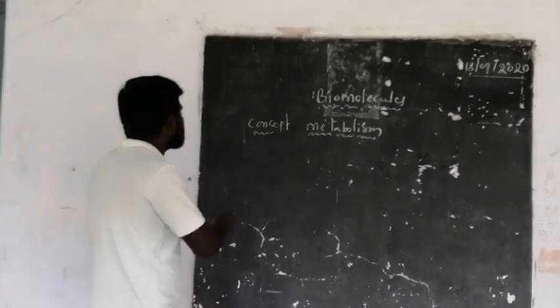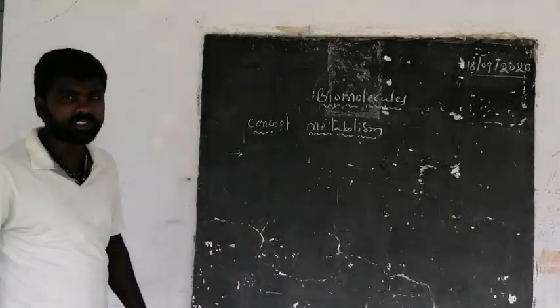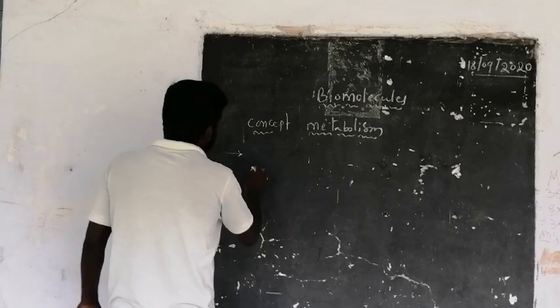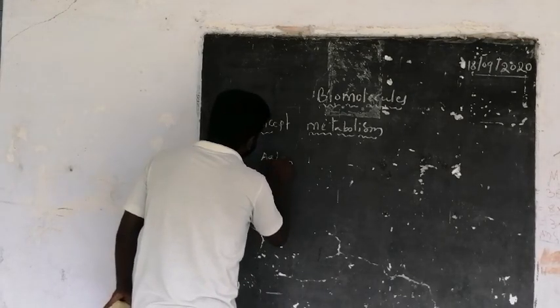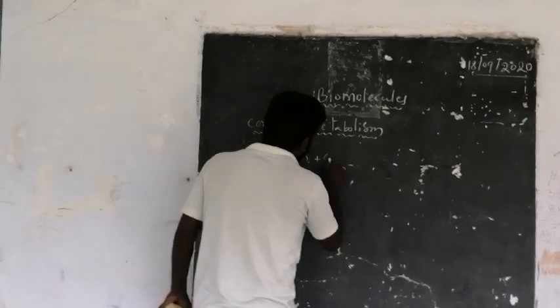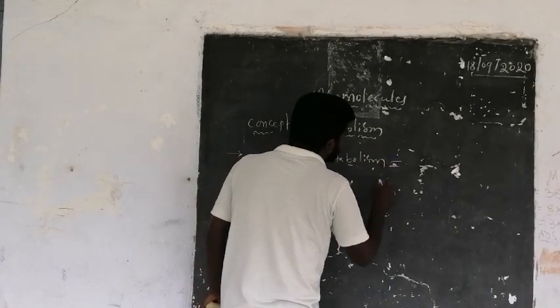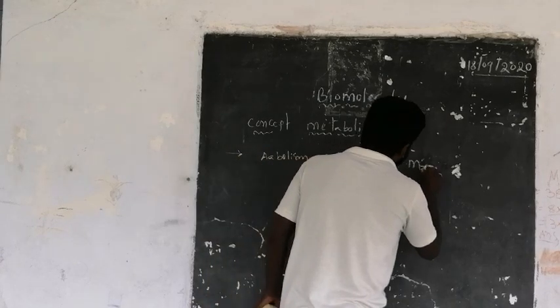Here, metabolism is a combination of anabolism and catabolism. Anabolism and catabolism together are called metabolism.